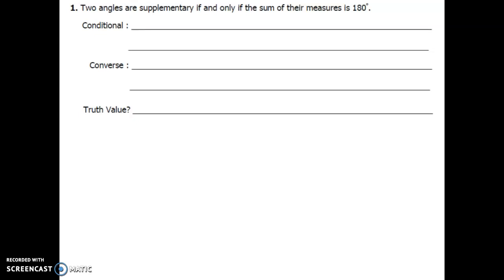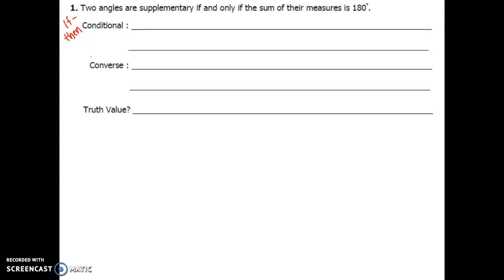So let's go ahead and write its conditional. And reminder, conditionals, that's the if and then form. So we have to make this into a sentence with a hypothesis and a conclusion.